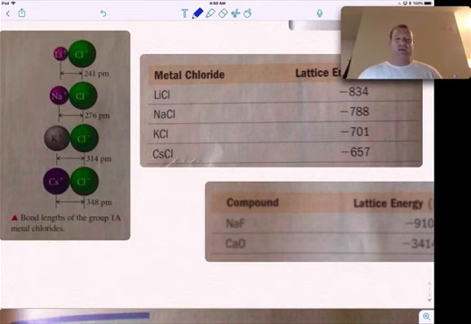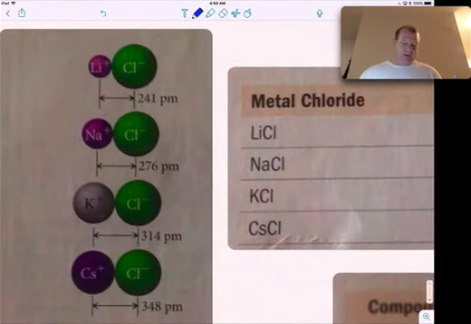So the closer the proximity, the stronger the bond. And if you look here, we have the halogens. We have lithium, sodium, potassium, and cesium chloride. These are all +1. Lithium's a tiny +1, cesium's a much bigger +1.